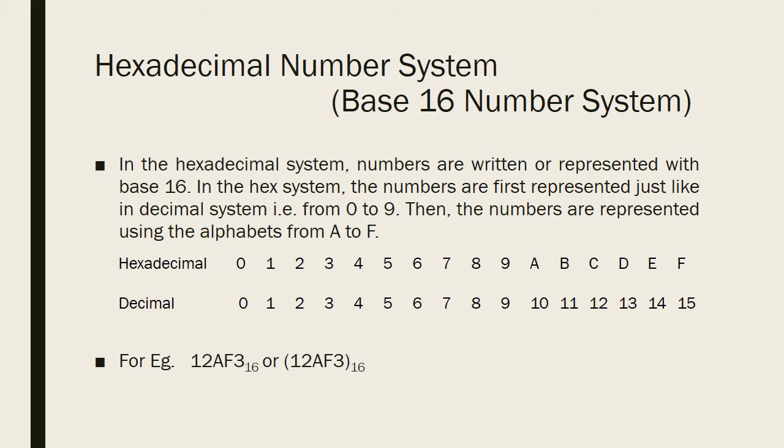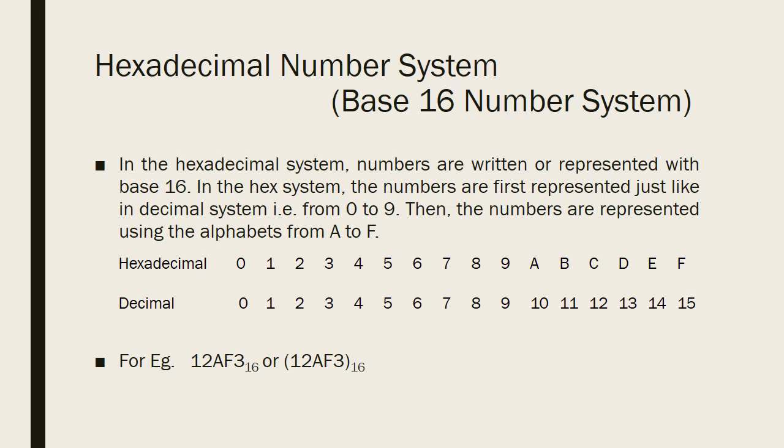In hexadecimal number system, numbers or quantities are written or represented by a base 16. The digits here are 0, 1, 2, 3, 4, 5, 6, 7, 8, 9, just like we had in the decimal number system.